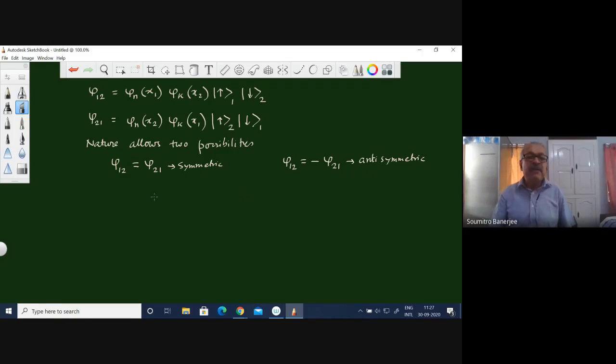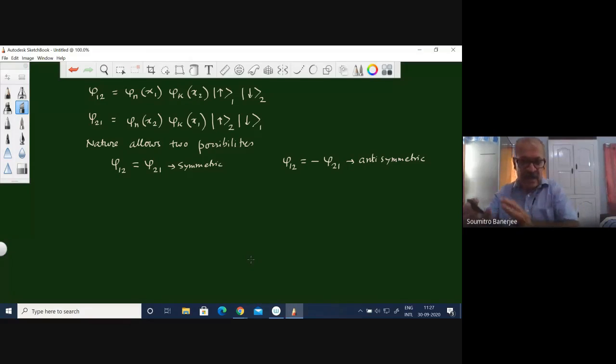And the particles that obey this character are called the bosons, and the particles that obey this character are called the fermions. And in the whole universe, there is nothing other than bosons and fermions. So all particles are divided into two basic categories, bosons and fermions. Those which give rise to symmetric wave functions are bosons. Those which give us the antisymmetric wave functions are fermions.